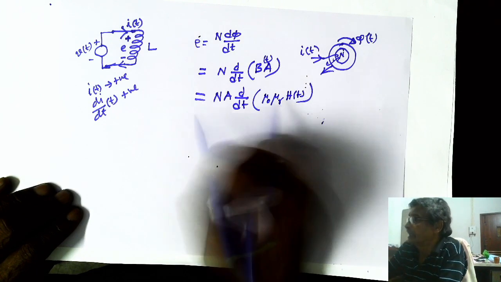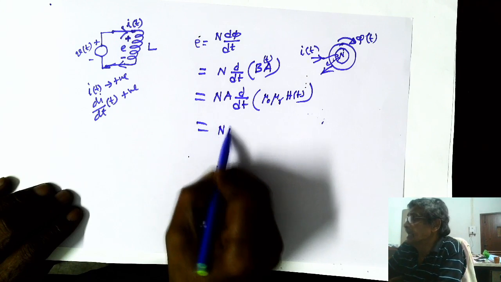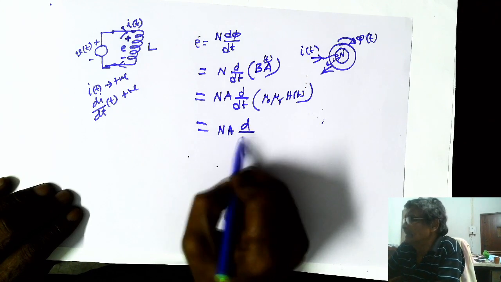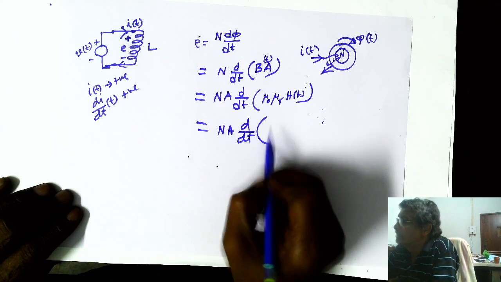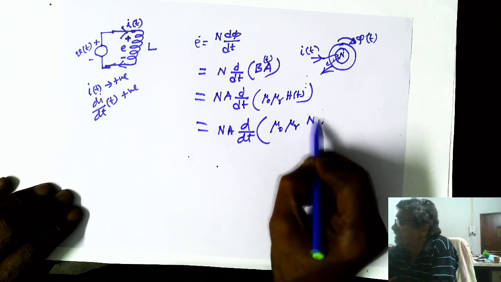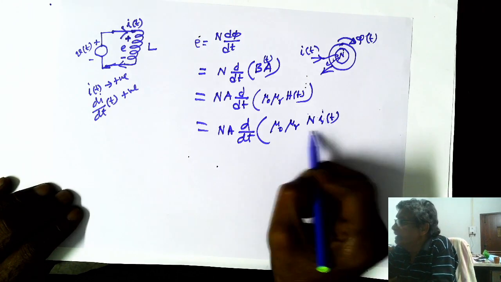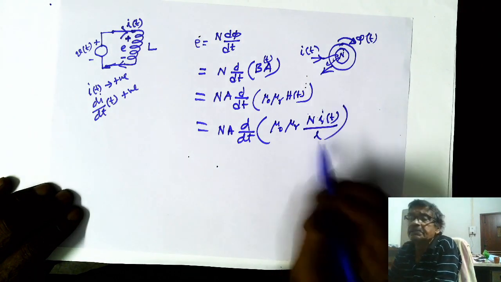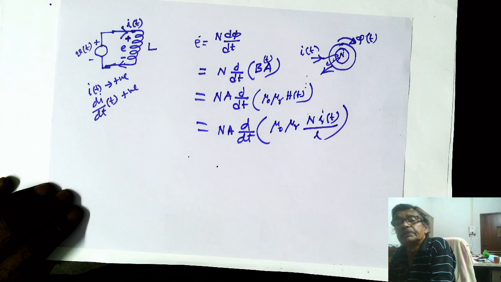A I have taken outside, then you write N A d/dt, very simple mathematics, mu 0 mu r, H(t) is N i by L, N i by L at any given instant of time.